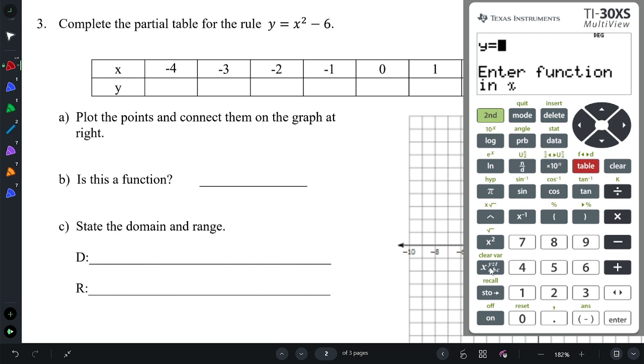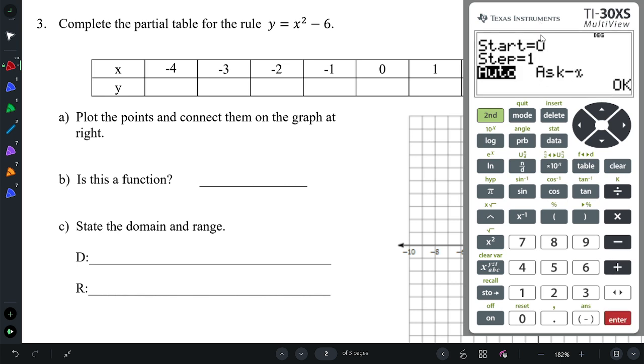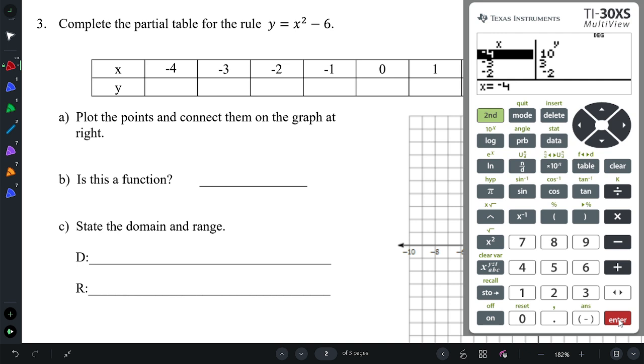So I'm going to take x, square that, and subtract 6 from that, enter. I'm going to make this say auto, but make it start at -4, because that's where this table starts, and step by 1 unit at a time, and okay.